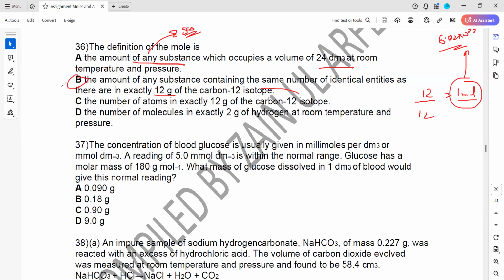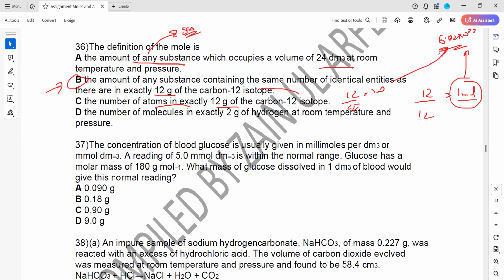B is the right answer, but what about option C? The number of atoms in exactly 12 gram of carbon 12. When we work out the number of atoms, this will give us the same answer: 12 divided by 12 gives 1 mole, and 1 mole will contain this many particles.